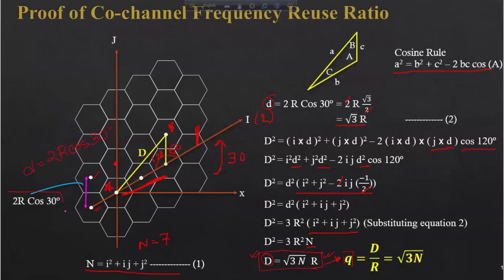I will show you how. So what is this capital R? R is the cell radius. Say for example, this is one cell, this is another cell.